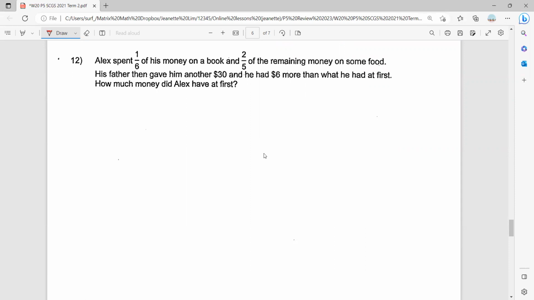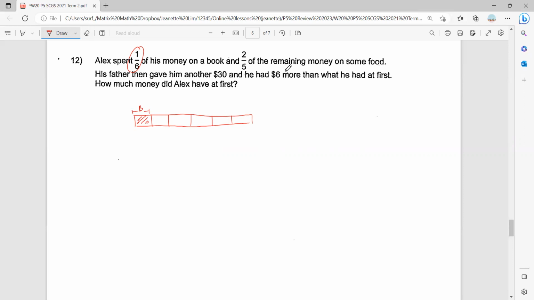Let's draw the model first using this 1/6. One sixth spent on books.